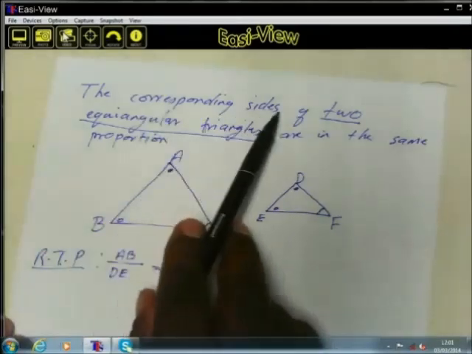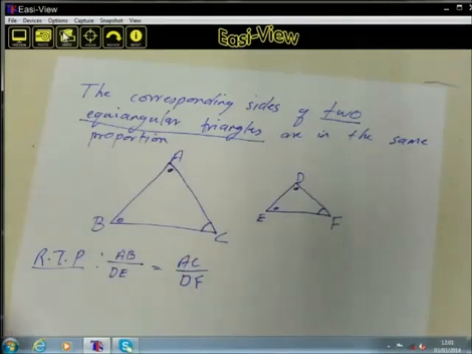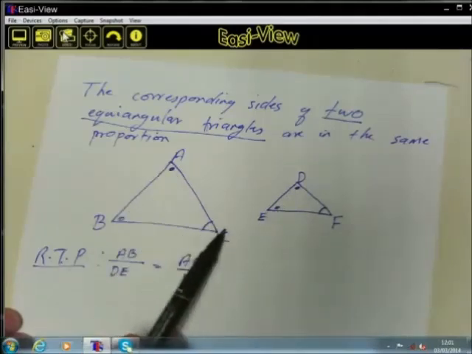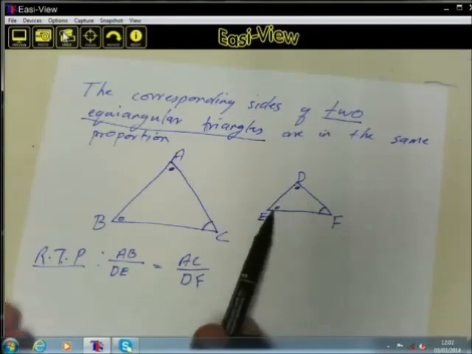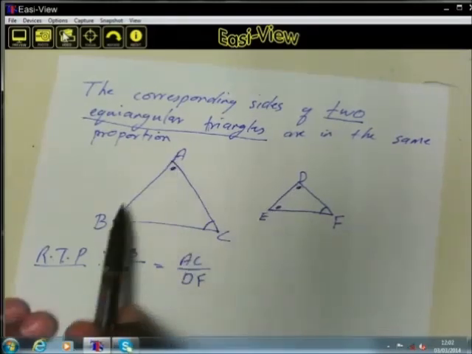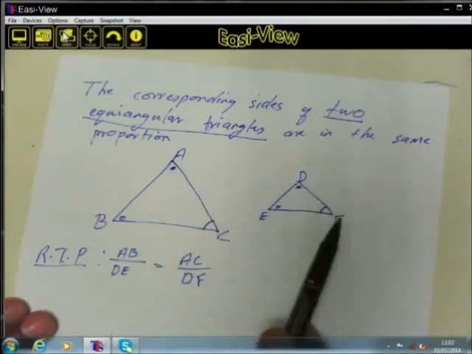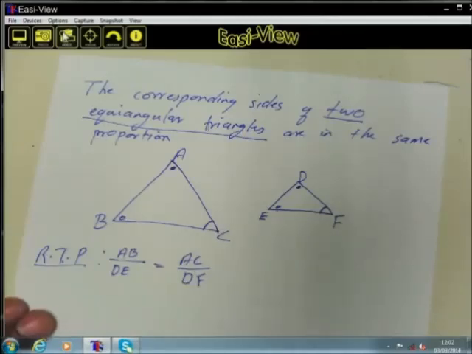If two triangles are equiangular, then their corresponding sides are proportional, meaning that AB over DE, let me be slow, AB over DE is equal to AC over DF is equal to BC over EF. So let's prove the first two pairs.